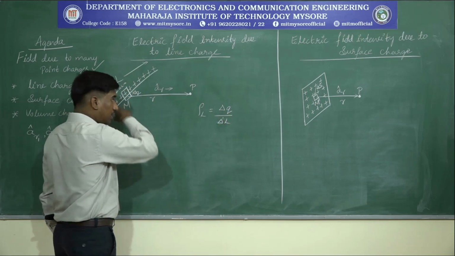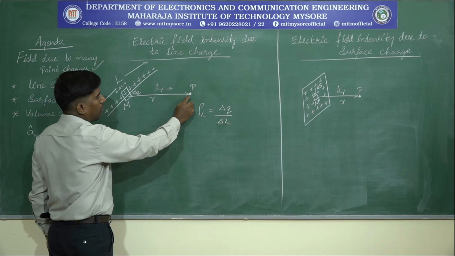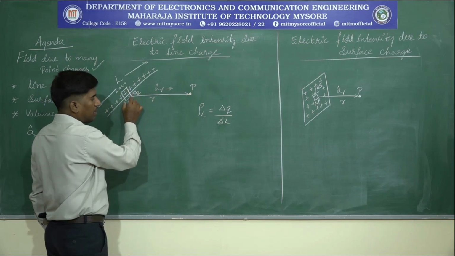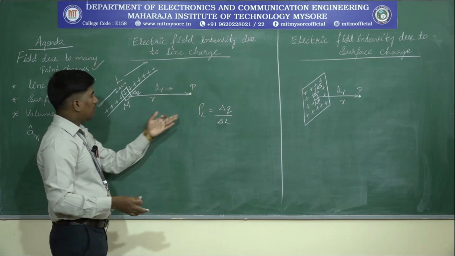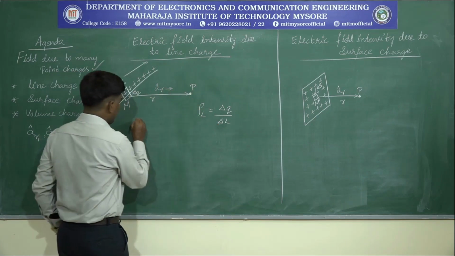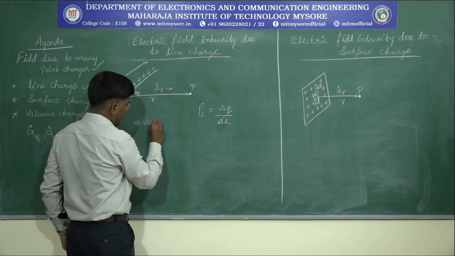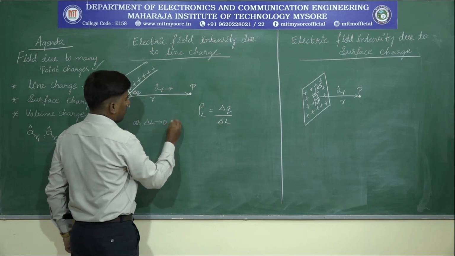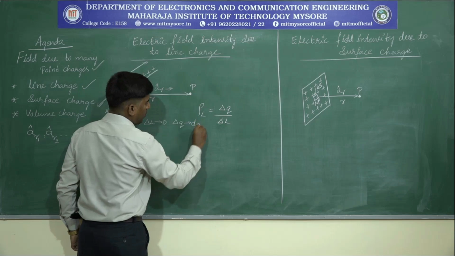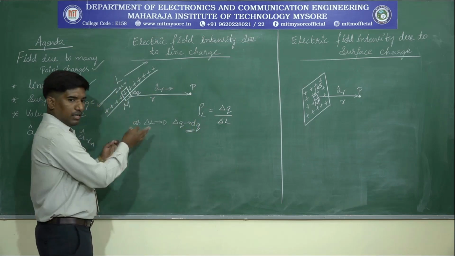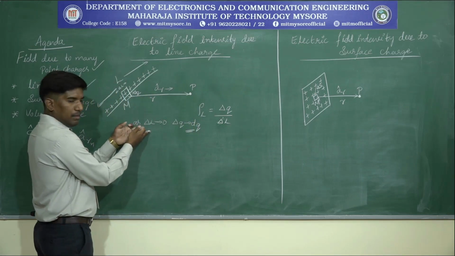Coming to the electric field intensity at this point P due to this elementary length, it can be assumed as in the previous case, that as delta L tends to 0, delta Q becomes dQ. In the previous case also we considered the same assumption.